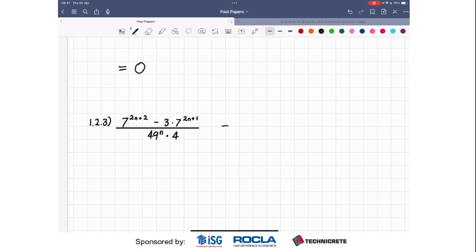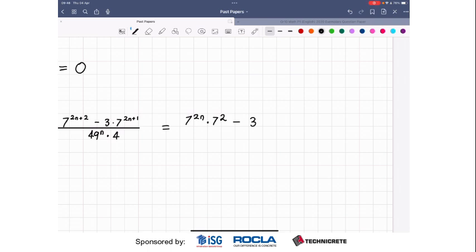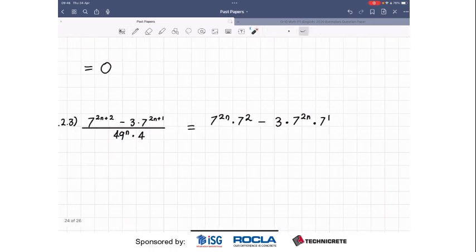So I can rewrite the first term like this, 7 to the 2n times 7 to the 2. And that's minus 3 stays the same. And then again here, I've got 7 to the 2n times 7 to the 1. Right, I'm just splitting up my exponents.